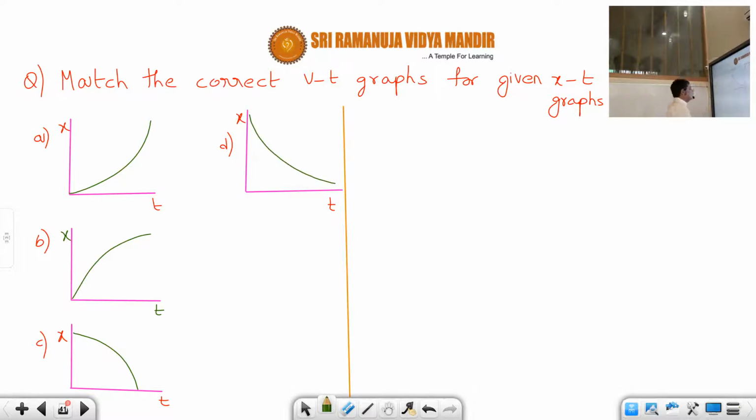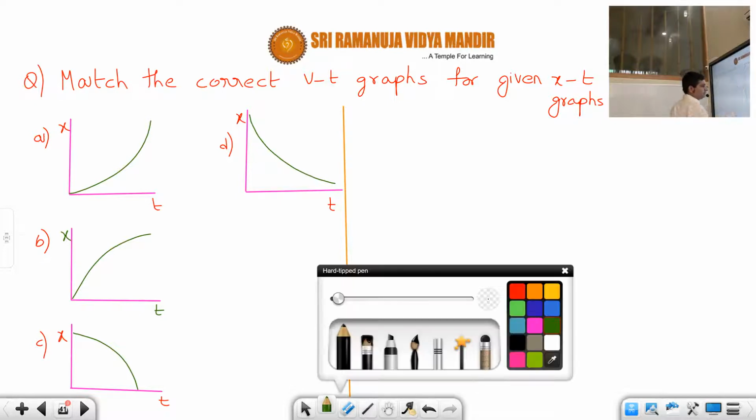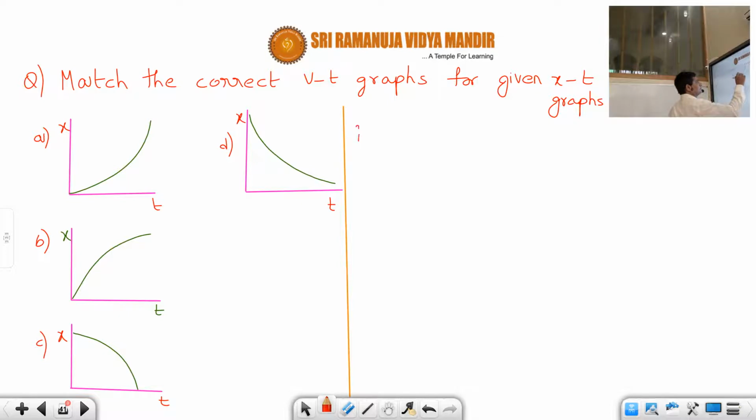So there are 4 xt graphs, students: A, B, C, D. Now on the other side you are given the vt graphs. Suppose the vt graph is given like this. Different vt graphs are given.